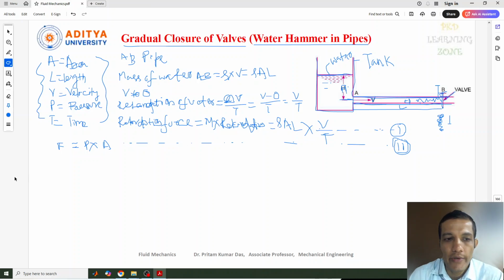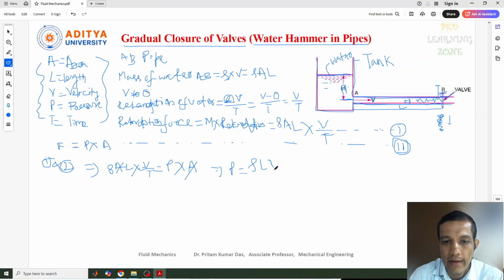Now equate equation 1 and 2. We can write rho AL into V by T, equation 1, equal to P into area, equation 2. The area can be cancelled. So P equals rho LV by T. This we give as equation 3.